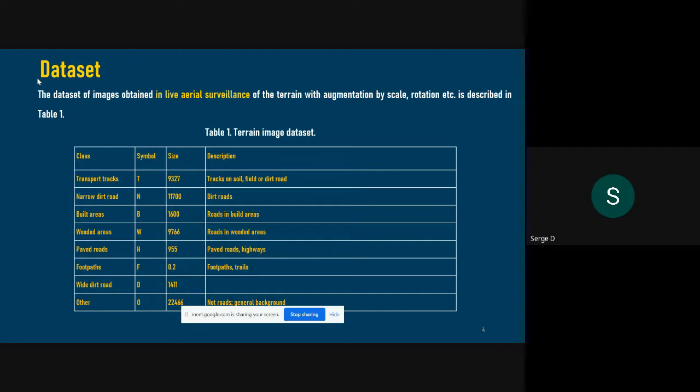Images were manually divided and classified into several common classes, such as fields, water areas like ponds, lakes, different types of roads, built areas like settlements, and other.